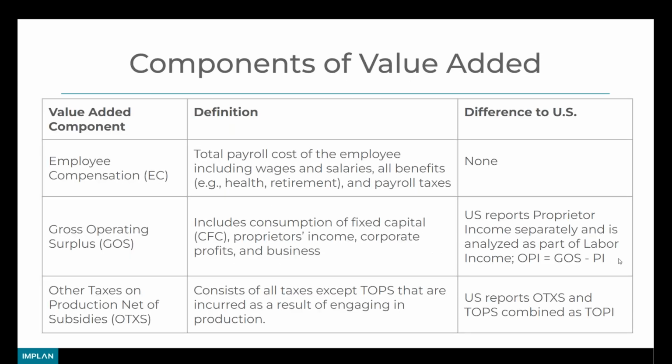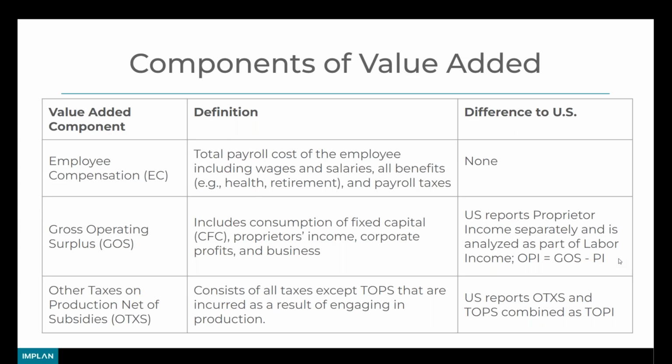So in regard to value added, whereas the core US-based products have all TOPI as part of an industry's value added, in the international product, only the OTXS portion is included as part of that industry's value added. The remainder is paid to the TOPS account, which is paid as part of the industry's intermediate inputs. We'll talk a little bit more about the TOPS account in the next slide.